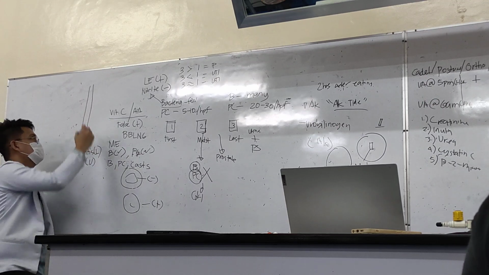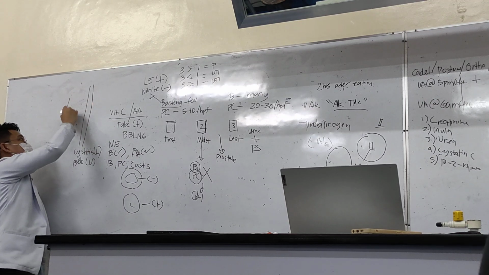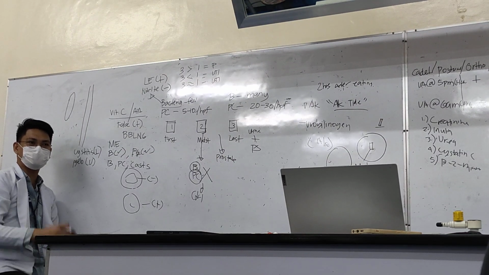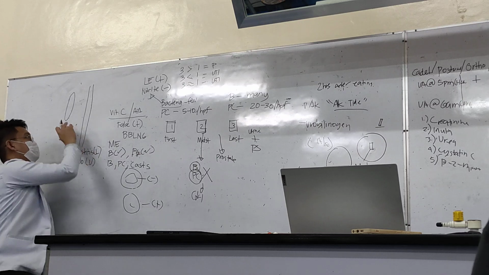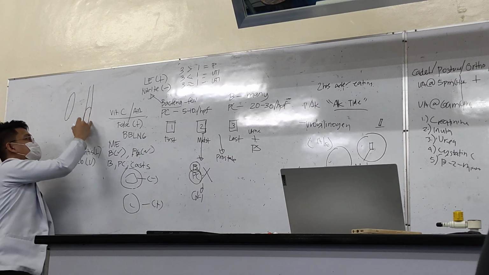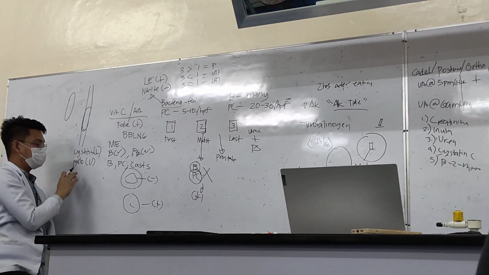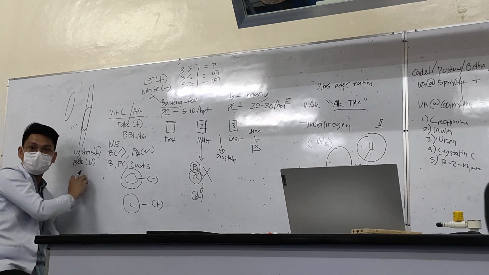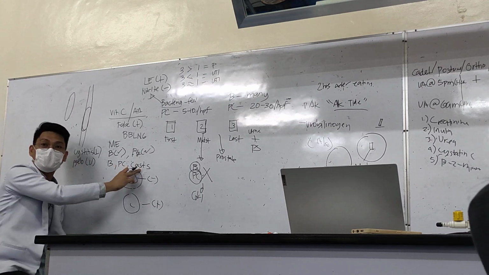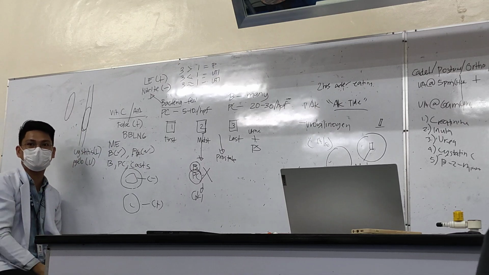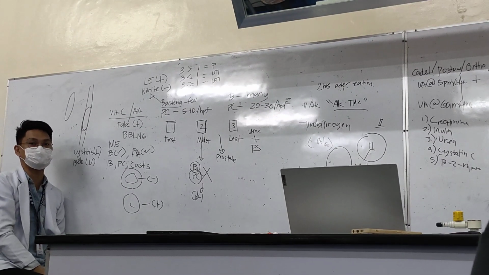A cast has a sausage shape and is made up of protein. You will see it if you have kidney problems. It is sausage-shaped because it forms in the tubules. That's why, in a patient with pyelonephritis, an upper UTI, the problem is in the nephron, so casts are seen here. That's why you can differentiate upper or lower UTI based on microscopic exam.